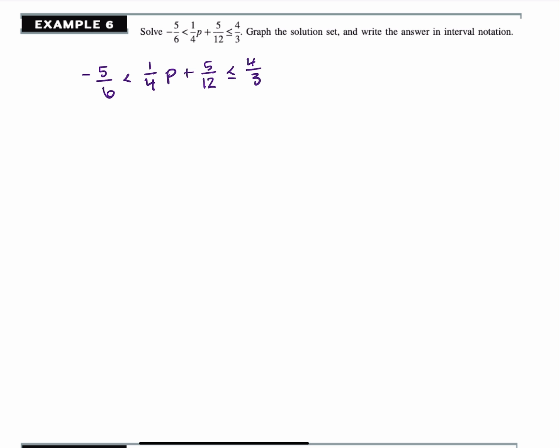We can work with them, but we could also try to clear them out. So we can still use that same strategy of multiplying everything by the least common denominator. So what would be the least common denominator here? Well, I see 3, 12, 4, 6. I know 6 times 2 is 12, 4 times 3 is 12, 12 times 1 is 12, and then 3 times 4 is 12.